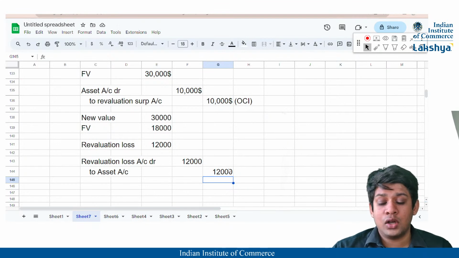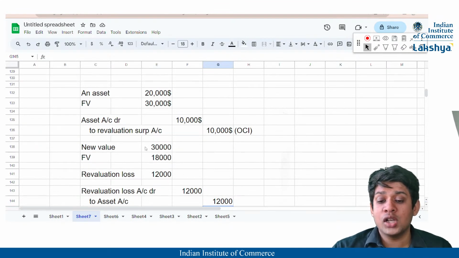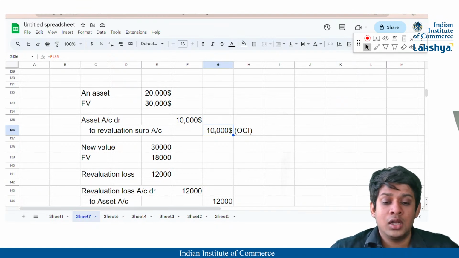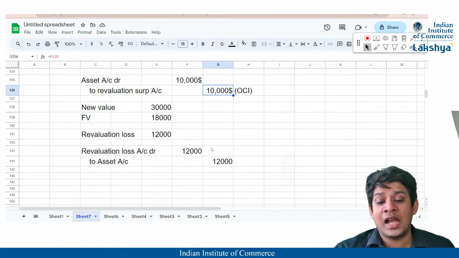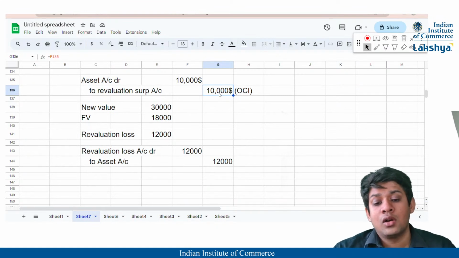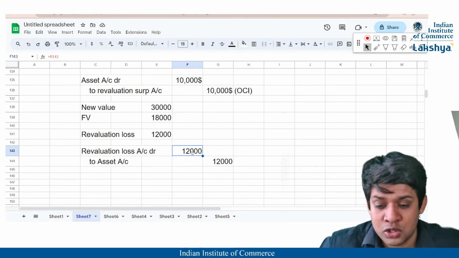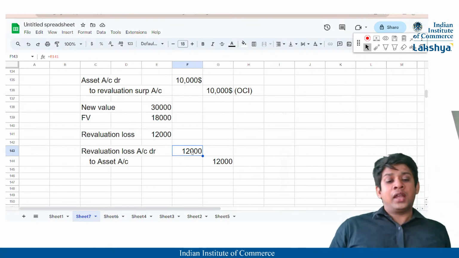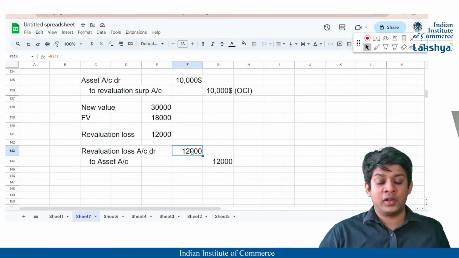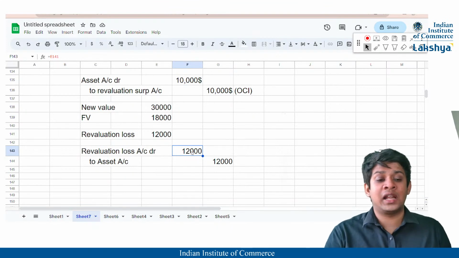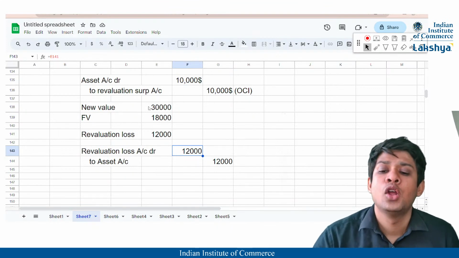But that is not to be considered here, because before having a revaluation loss, the same asset had a revaluation surplus, right? So this revaluation surplus is stored in OCI. It cannot happen that the asset has a revaluation surplus and a revaluation loss and both of them are shown, correct? The asset might either be at loss or be at profit. It's not like it can be at profit and loss at the same time.